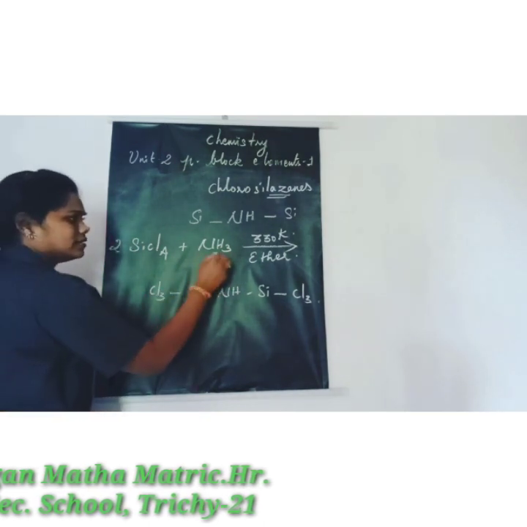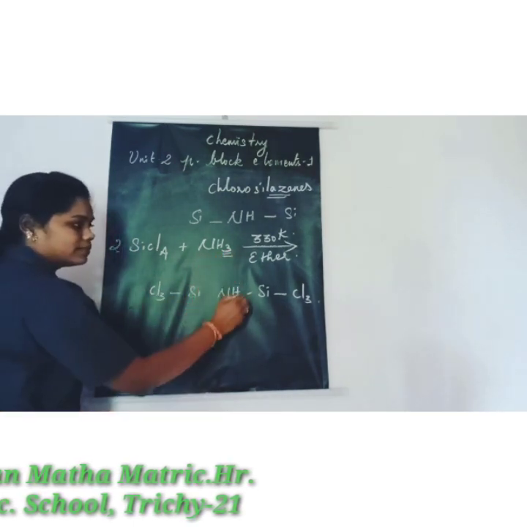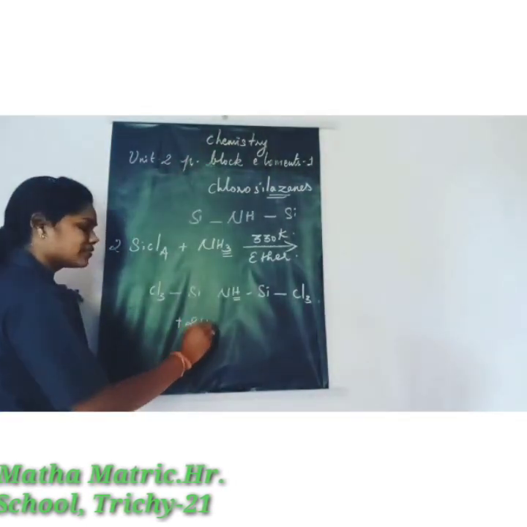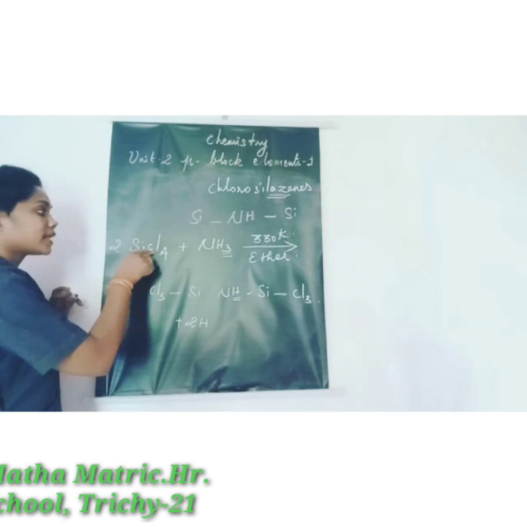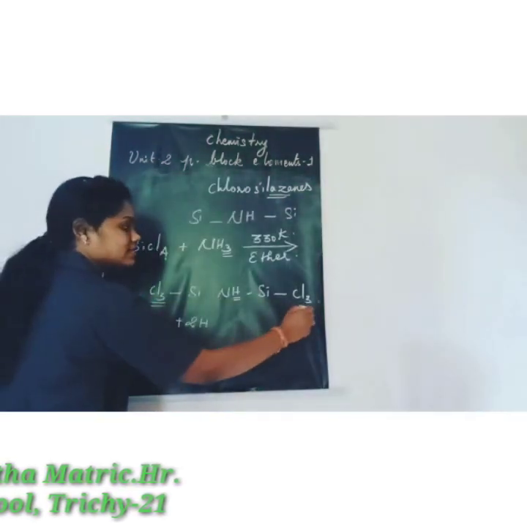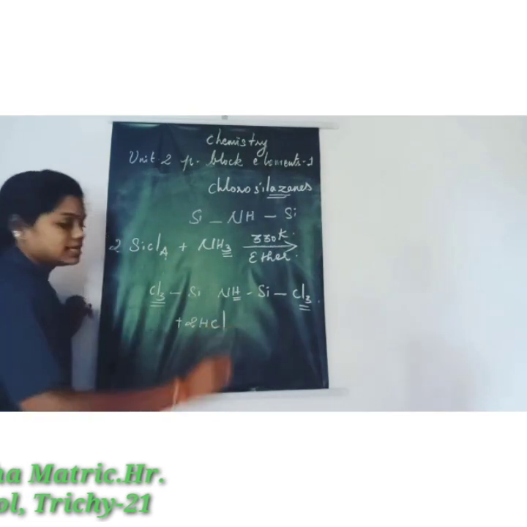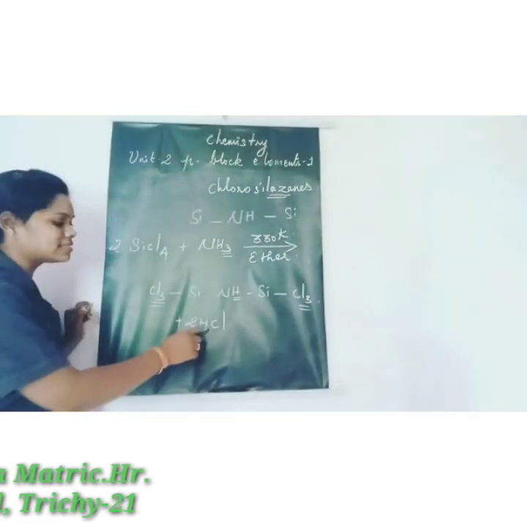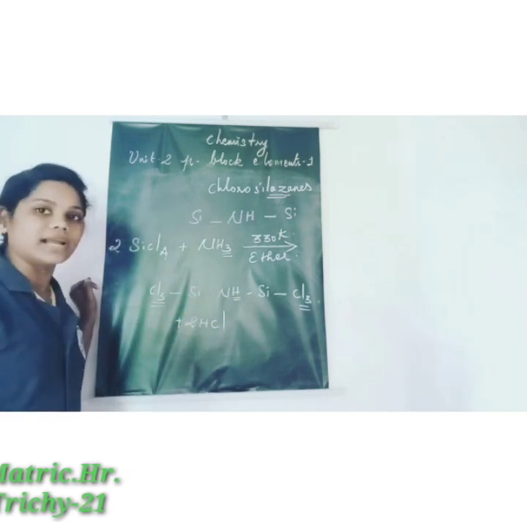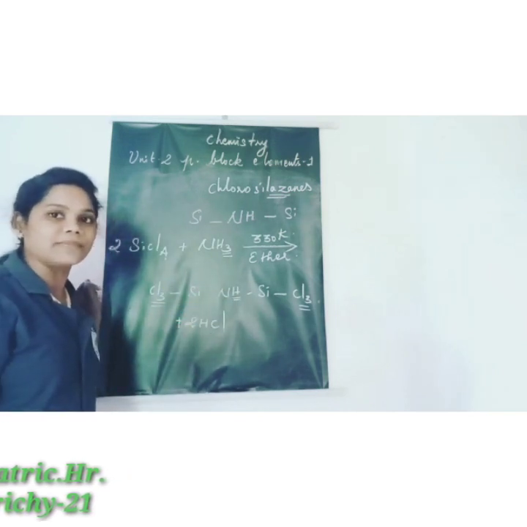Okay. Hydrogen 3 times is present here, but here hydrogen only 1 time. So remaining hydrogen is 2 times. And here chlorine 4 2s are 8, but here we have 3 plus 3, 6. So remaining chlorine is 2. So that is hydrogen chloride. So chlorosilazane plus hydrogen chloride or hydrochloric acid is formed here.